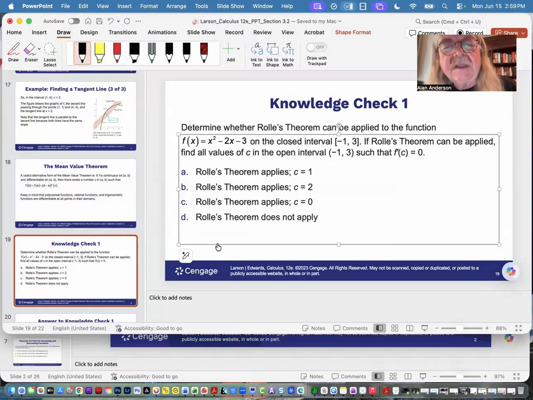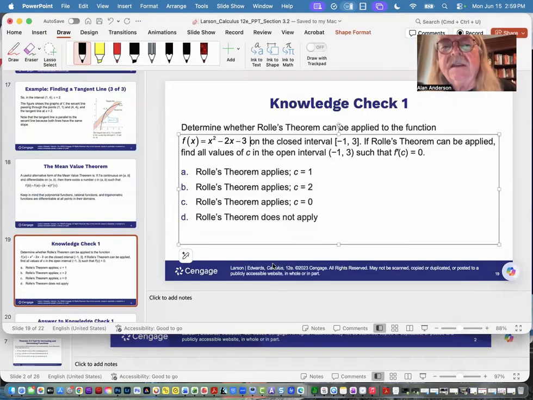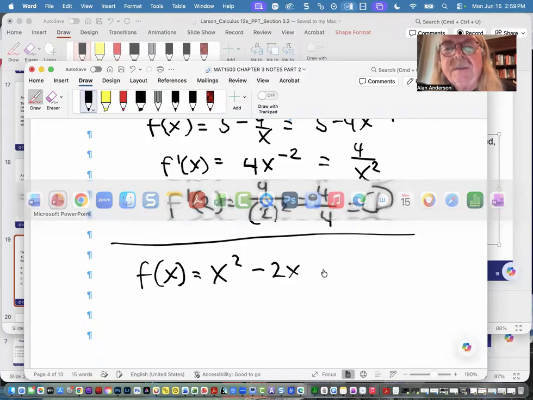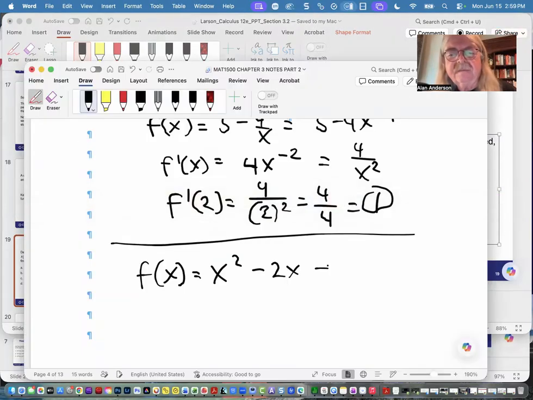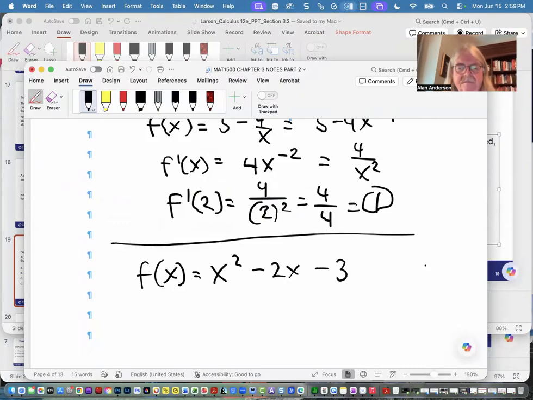Yeah, sometimes with these books, they'll introduce theorems like that, and then it might take a while before they show you an actual application of it. And the interval is -1, 3.